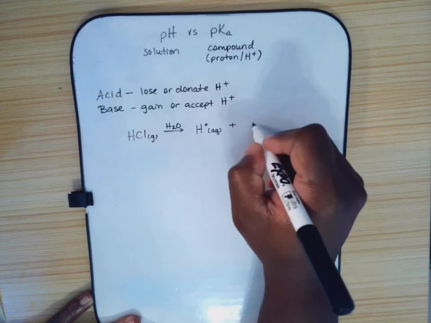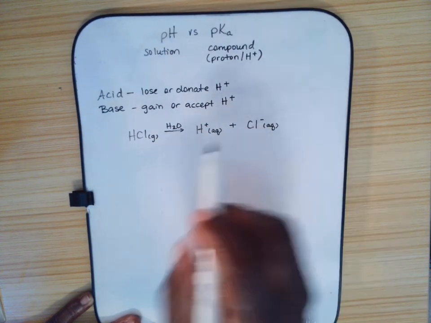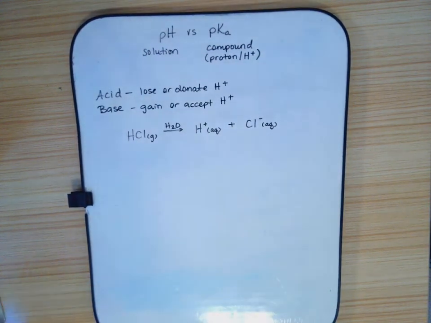Dissociation is simply the process of splitting apart or breaking down to give ions. So that initial acid breaks down completely to give only ions.